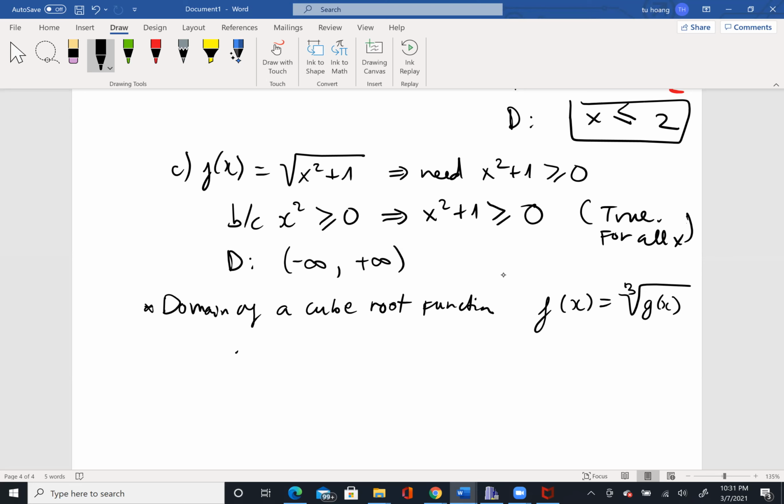And you can have, for every value of x, this function will always be defined. So the domain, for the cube root function, will always give you from negative infinity to positive infinity. Okay, so if you see a cube root function and it's asking for the, sorry, for the domain, you can just say all real numbers or from negative infinity to positive infinity.